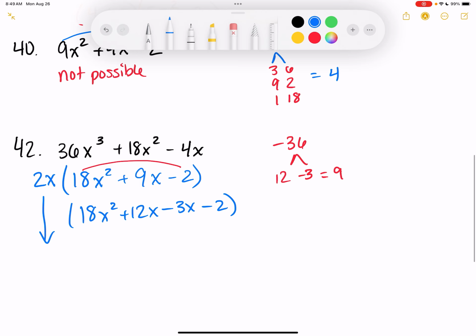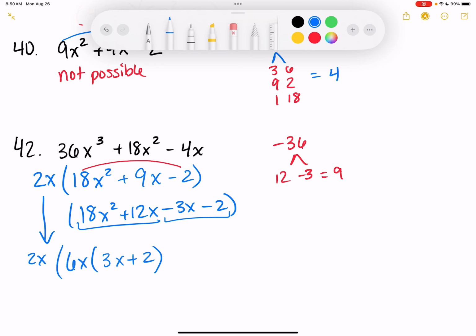Factor by grouping. So what can I take out of this set? 6 and what else? Yep, 6x. And that gives me 3x plus 2. What about over here? I know that I ultimately need it to look like this.